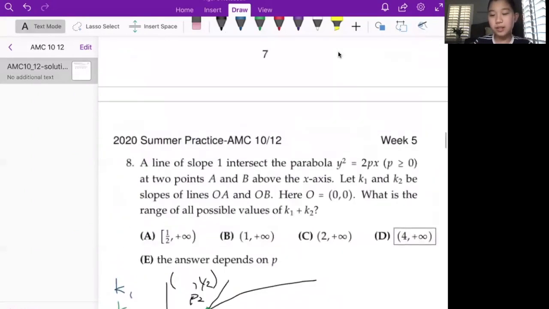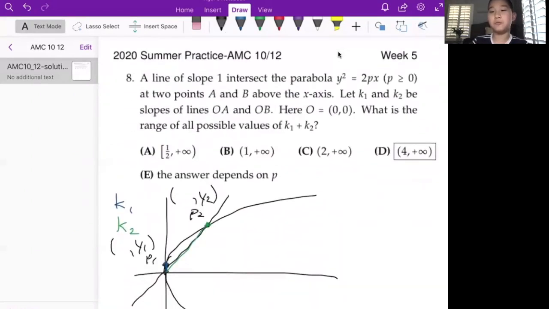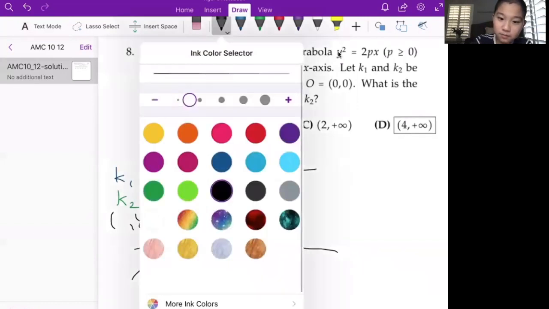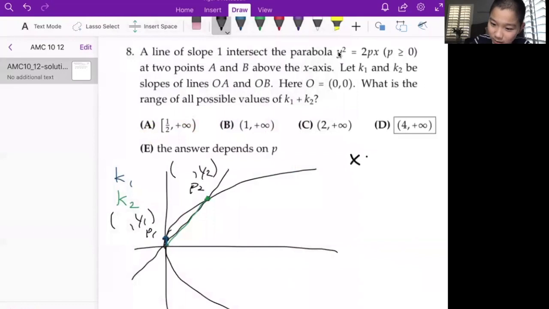So the problem says y squared equals 2px. Since they're both on the parabola, we can rearrange this as x equals y squared over 2p. So the x-coordinate of P1 is y1 squared over 2p, and for P2, it's y2 squared over 2p.